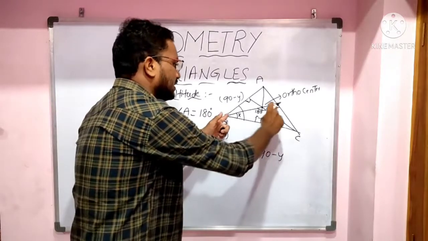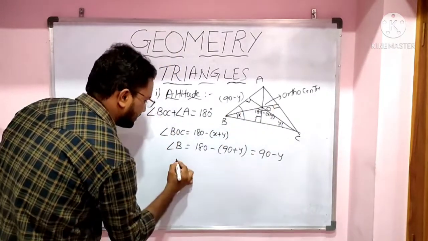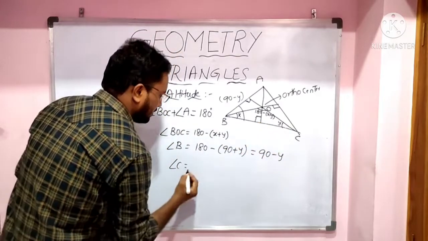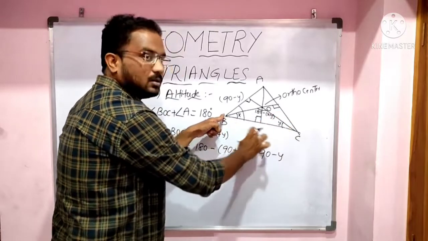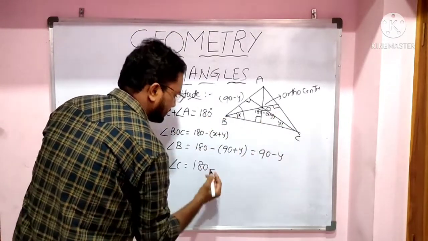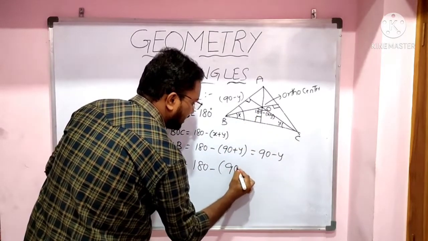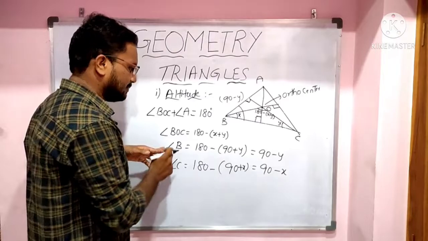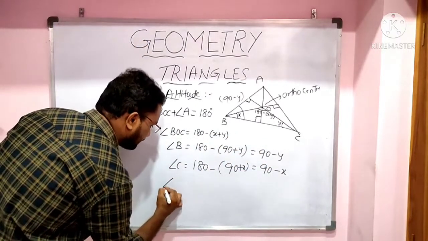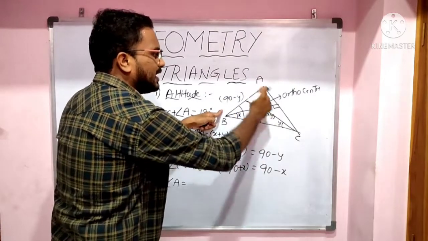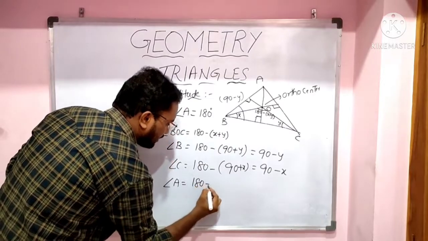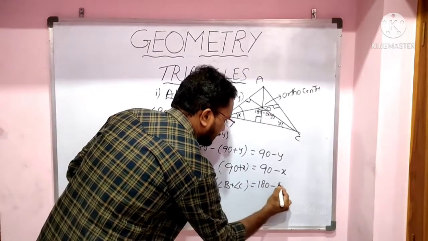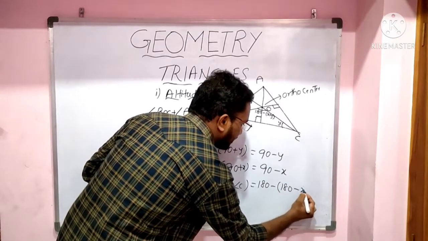From this triangle, angle C equals 180 minus (90 plus X), so angle C is 90 minus X, and angle B is 90 minus Y. So angle A equals 180 minus (angle B plus angle C), which is 180 minus (180 minus X minus Y).